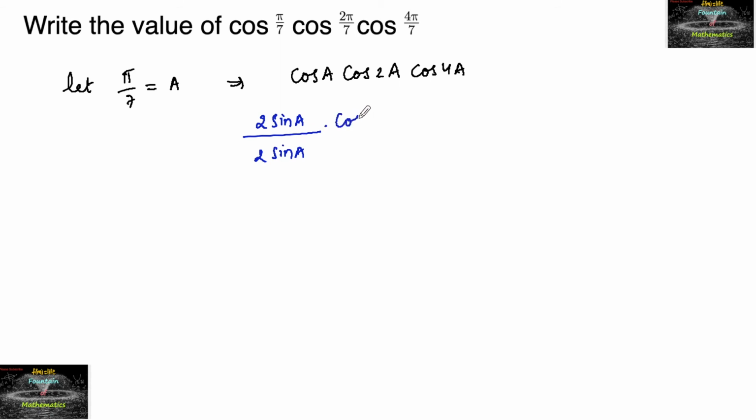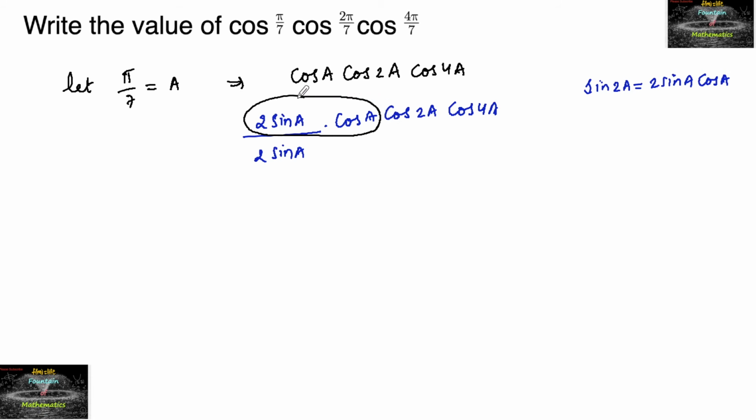So we can write 2 sin a into cos a and cos 2a and cos 4a. Since we have the formula sin 2a is equal to 2 sin a cos a, 2 sin a cos a is nothing but sin 2a.